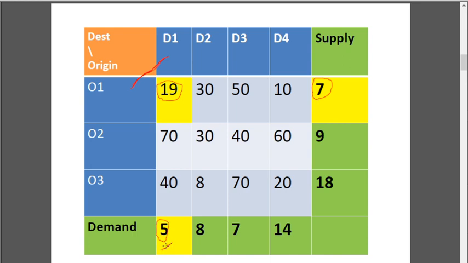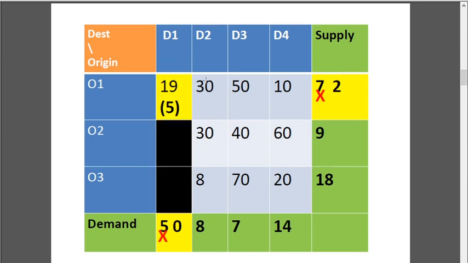Since the demand required is only 5, out of the 7 units I can give 5 units to destination 1. So, from 7, give 5 to destination 1.